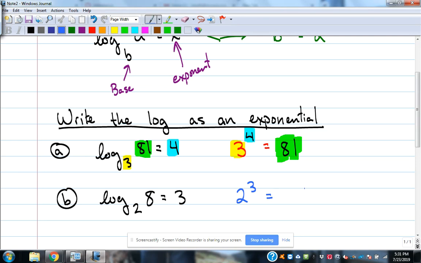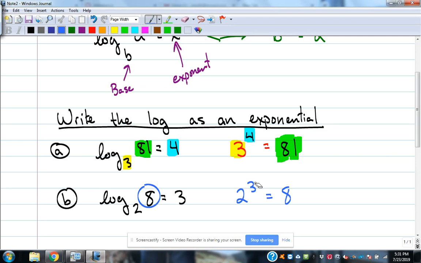And then the exponential will be equal to what's inside of the log. A logarithm is another way of writing an exponent, is what it ends up being here. Because look what this logarithm on example A is equal to. It's equal to 4, which is the exponent of the exponential. Same thing over here. You've got a log base 2 of 8. That's equal to the exponent that it was as an exponential.